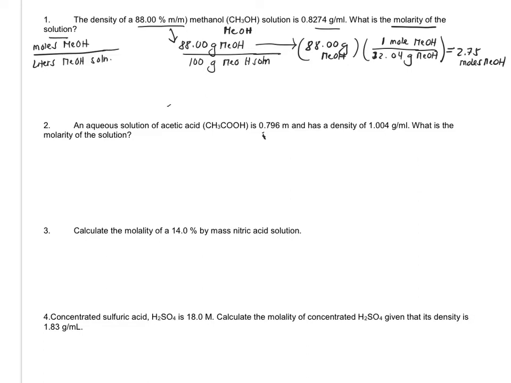I have 100 grams of methanol solution. I can use the density to get to milliliters, and the milliliters to get to liters. So I'm going to take these 100 grams of methanol solution, and now I have 0.8274 grams of methanol solution per 1 mL.